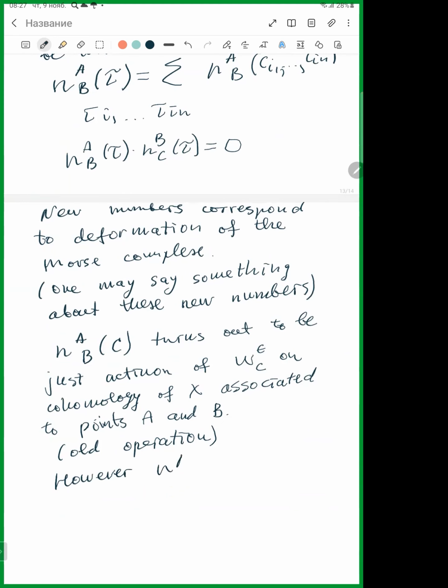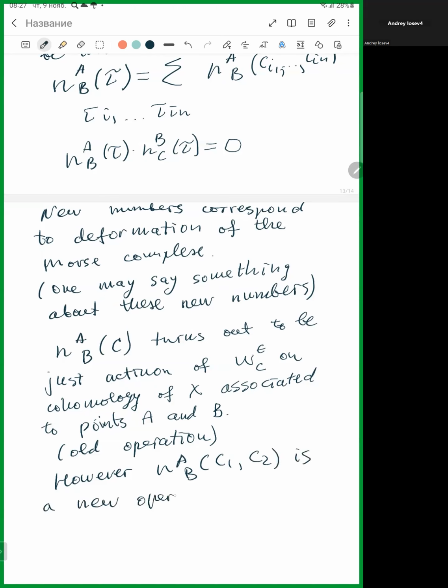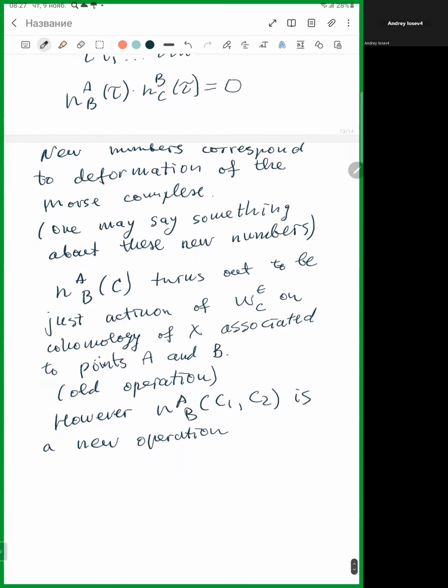However, NAB C1 C2 is a new operation. And this operation is known in mathematics as Massey operation.